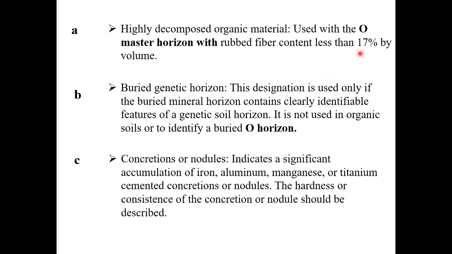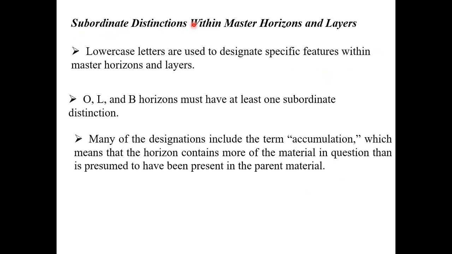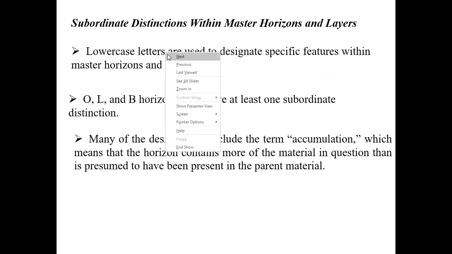Mostly that material should be around 70% by volume. That is called the a. Small a means it is completely highly decomposed organic material. This is a subordinate designation.